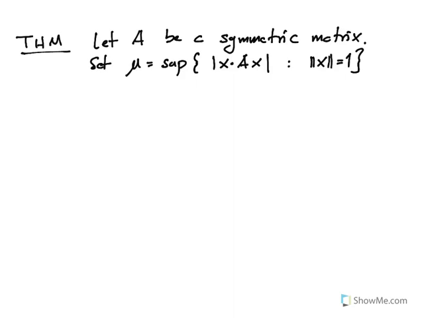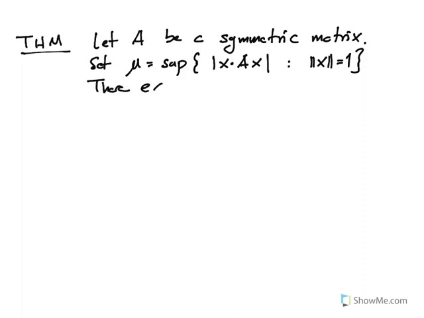All right, so this is just a set of real numbers, and it's bounded, and therefore it must have a supremum. So this supremum mu certainly exists. It exists for any matrix. But what's interesting is that when A is symmetric, the following holds.